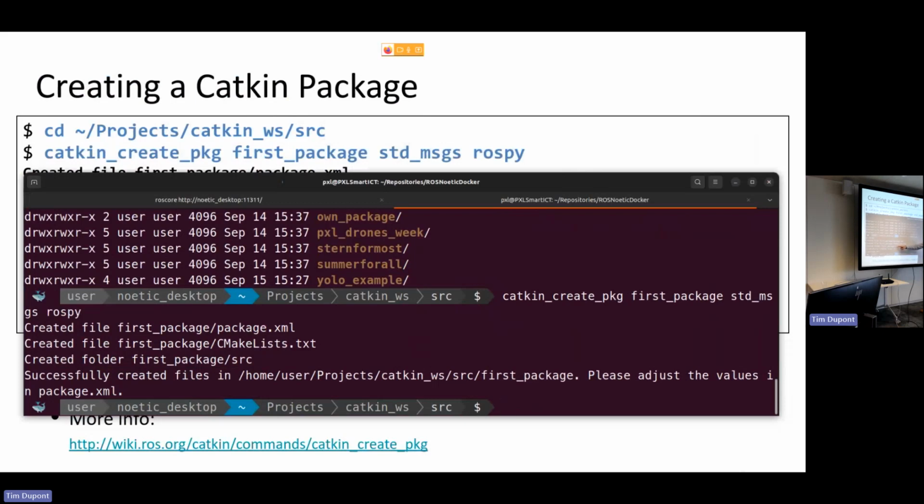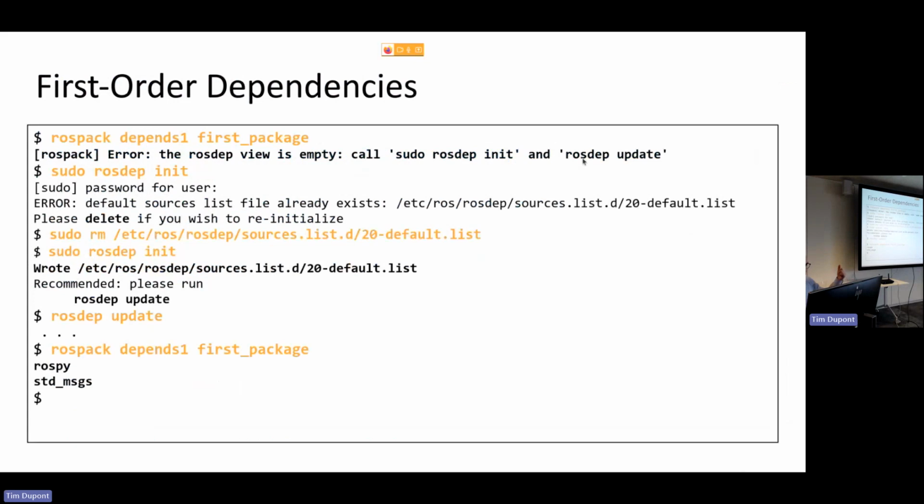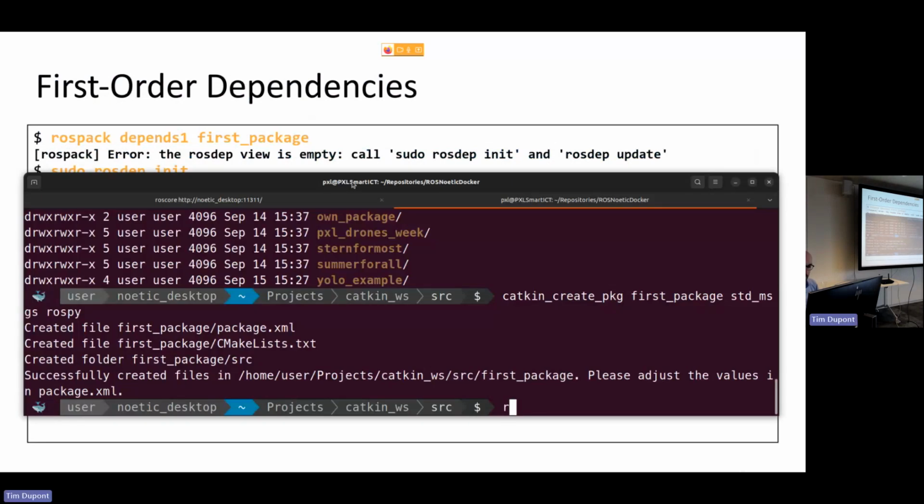And this is the directory where you want to put your source code eventually. Right. So that's the command. Let's dive into the dependencies. There's a command called rospack or ROS package.